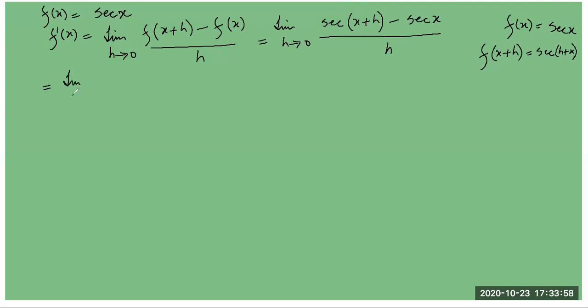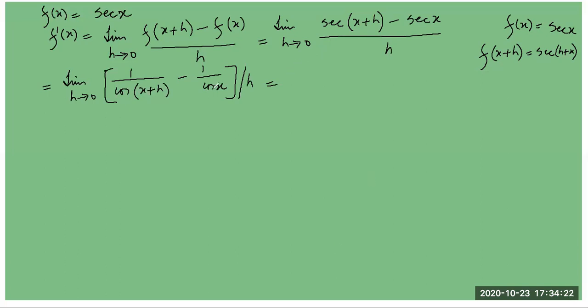So this is limit h approaches 0, 1 divided by cos of h plus x, minus 1 by cos of x, whole thing divided by h. Am I right, students?